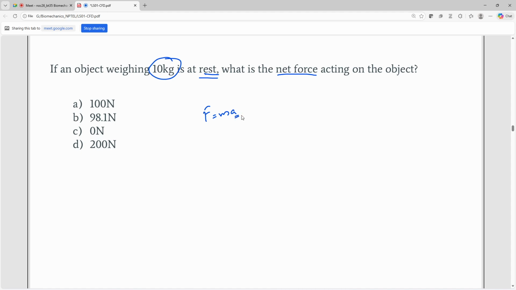And here there is no acceleration, since it is given that it is at rest. So gravity might be acting on it, so F is equal to mg. Then we can just assume gravity as 9.8 as we always do. This is an approximation. Then if you apply that, you will get the answer 98.1 Newton.